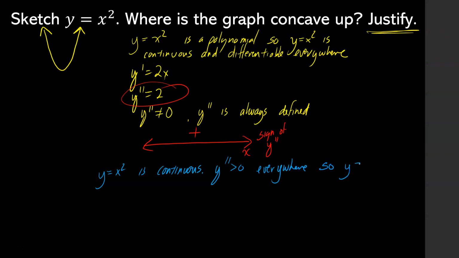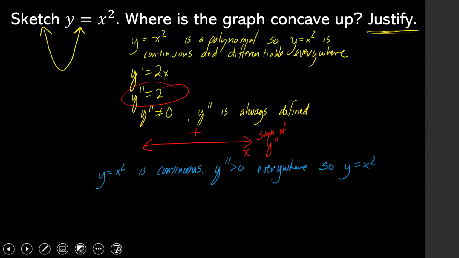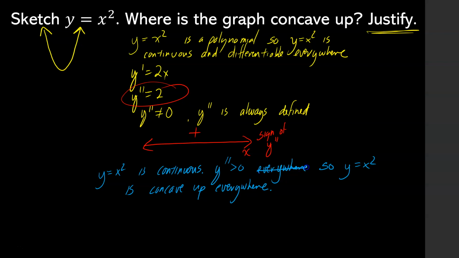So, y equals x squared is concave up everywhere. Now you could also delete those everywheres and what we would have would still be true. Because when you say y double prime is greater than 0, without saying everywhere, you actually do mean everywhere.